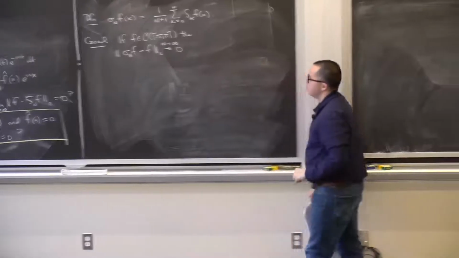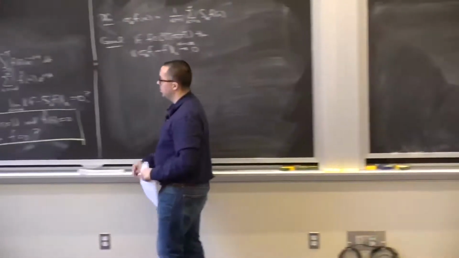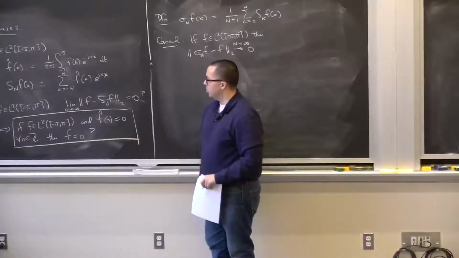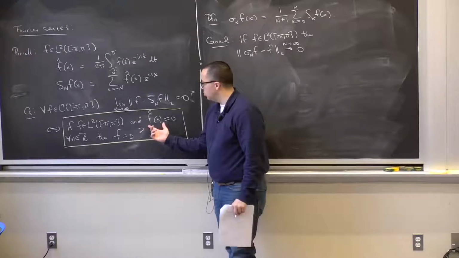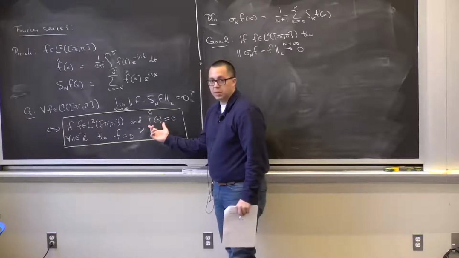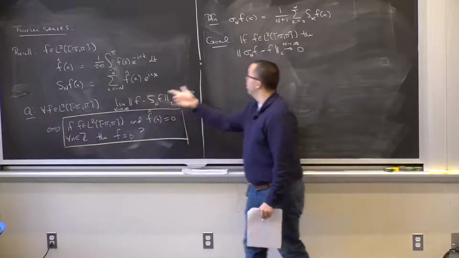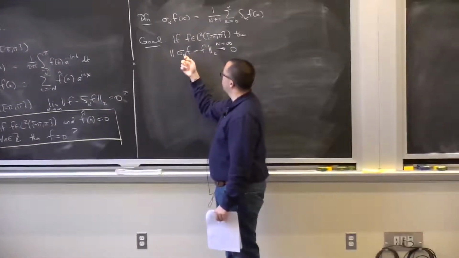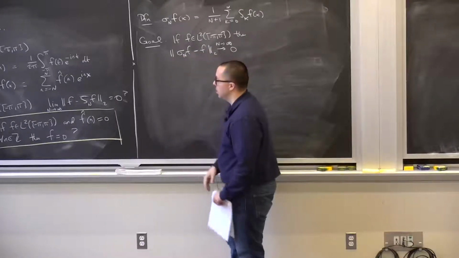Okay? And so once we've proven that, that gives us what we want in the yellow box. That proves what's in the yellow box, because let's take an f in L2 with Fourier coefficients all 0. Then all of the partial sums will be 0. Then all of the means will be 0. And since the means converge to f, that proves f is 0. And we get what's in the yellow box.